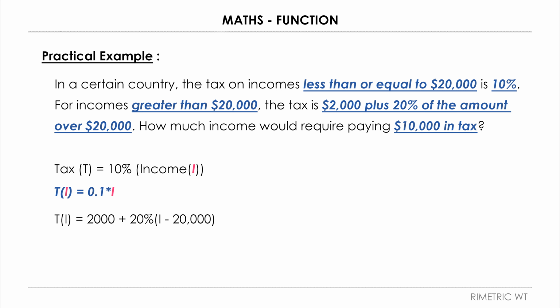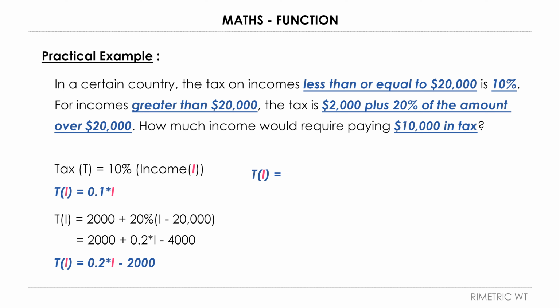This can be simplified as t of I equals 2,000 plus 0.2I minus 4,000 when we distribute 20%, since 20% is 20 over 100, which is 0.2. Then we get 0.2I minus 2,000, since 2,000 minus 4,000 is minus 2,000.